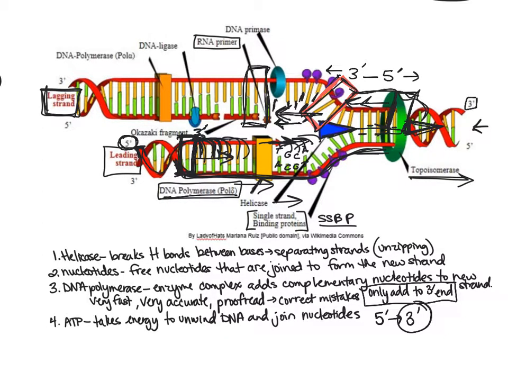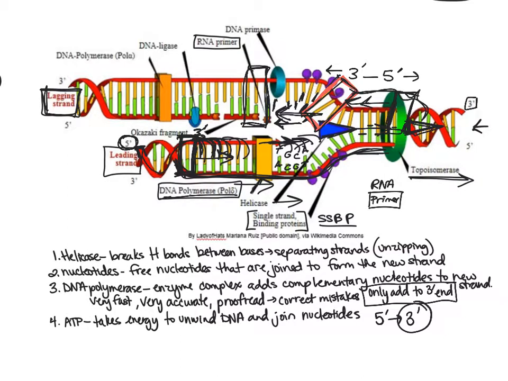Now, I did mention that we have to start with an RNA primer, and we do. We have little tiny chunks of RNA primer, and this is because we have to add to a 3' end of a nucleotide. That's what DNA polymerase does. So when we unzip our DNA, we don't have any nucleotides that are complementary base paired. So DNA polymerase cannot go in there and attach a nucleotide to a 3' end because there is no nucleotide to attach to a 3' end.